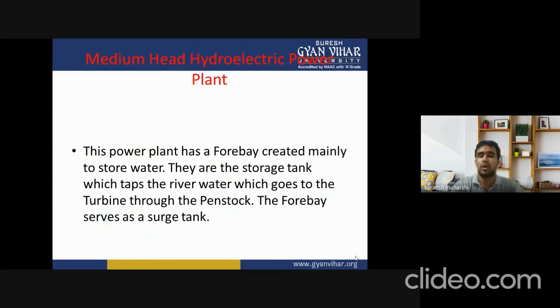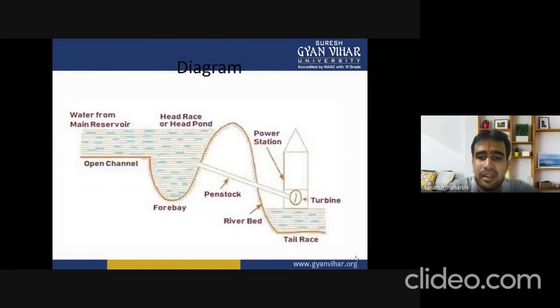Now we will discuss the medium head hydroelectric power plant. This power plant has a forebay created mainly to store water. It is a storage tank which taps the river water, which goes to the turbine through the penstock. The forebay serves as the surge tank. Here we will discuss these topics: water from the main reservoir, headrace, open channel, forebay, penstock, riverbed, power station, turbine, and the tailrace, which are parts of the medium head hydroelectric power plant.